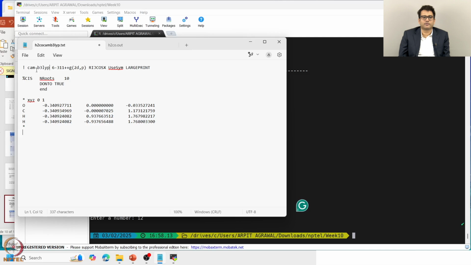In place of CIS, I have to write TD-DFT true. I do not need the NTO for the time being, because I already have done the interpretation. I keep the use symmetry.